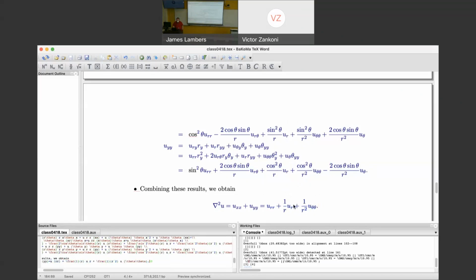But the Laplacian is not defined at the origin, r equals 0, where a polar coordinate system has a singularity, unfortunately.